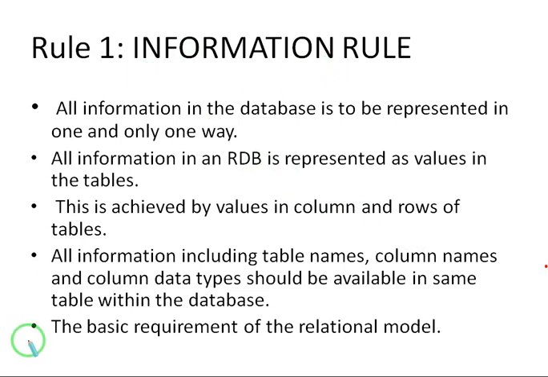So the basic requirement of the relational model is that table, table name, column, column name and column data type should be available in the same table within the database. This rule says that all the information in the relational database is stored in the form of tables.